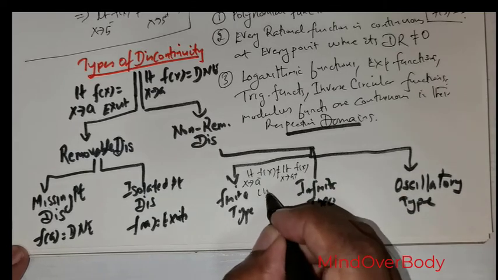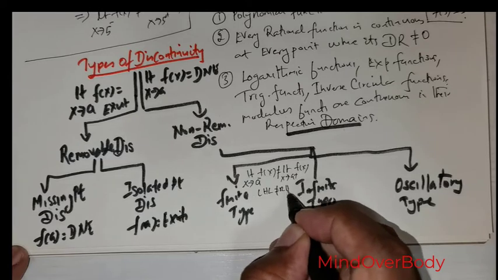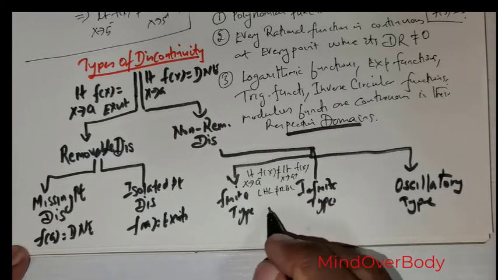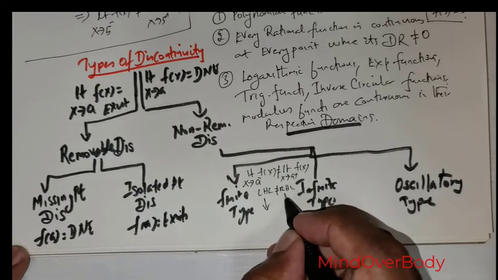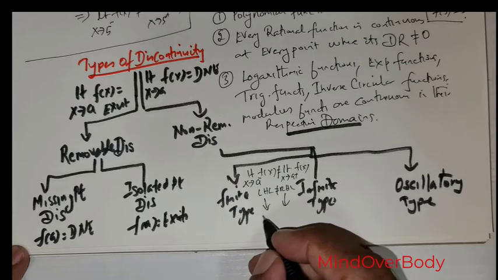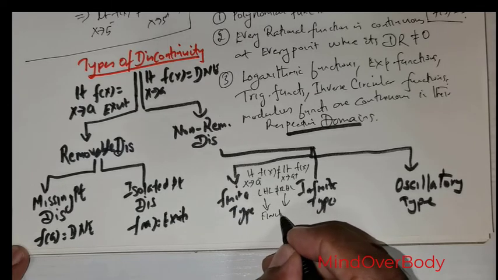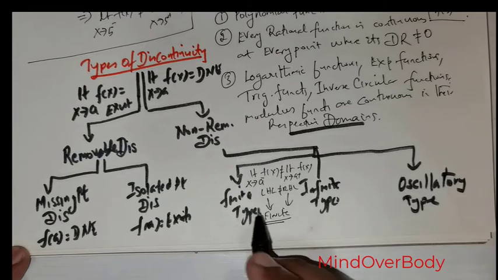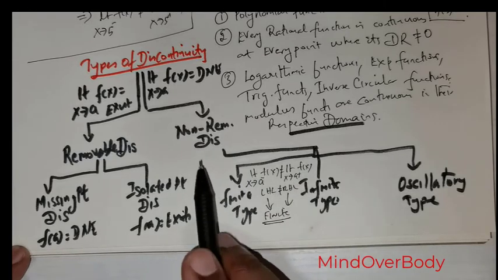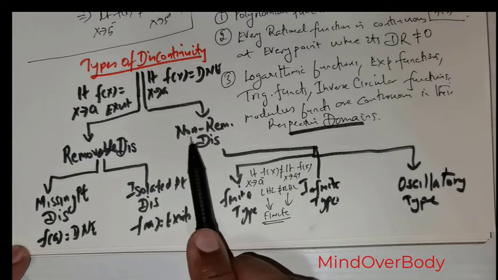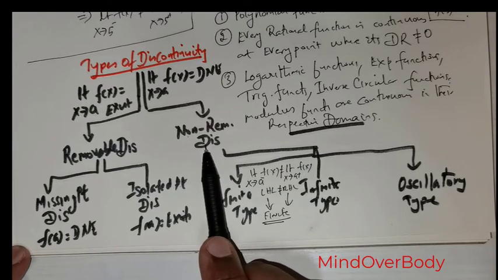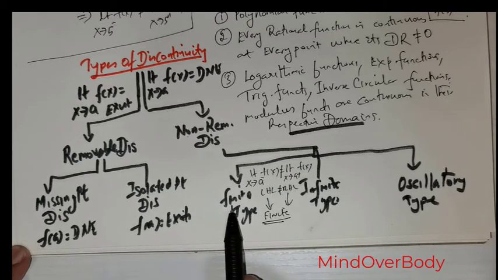So that means the left hand limit is not equal to the right hand limit, but the only condition is that the values produced by the left hand limit and the right hand limit, both of them should be finite. So when that happens, we say f of x has a non-removable discontinuity and it is of finite type.